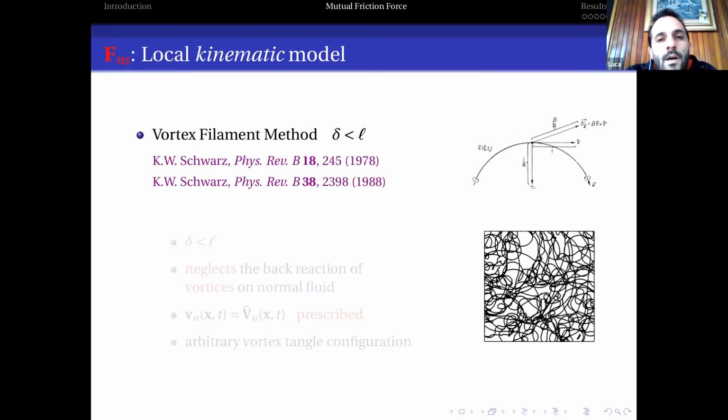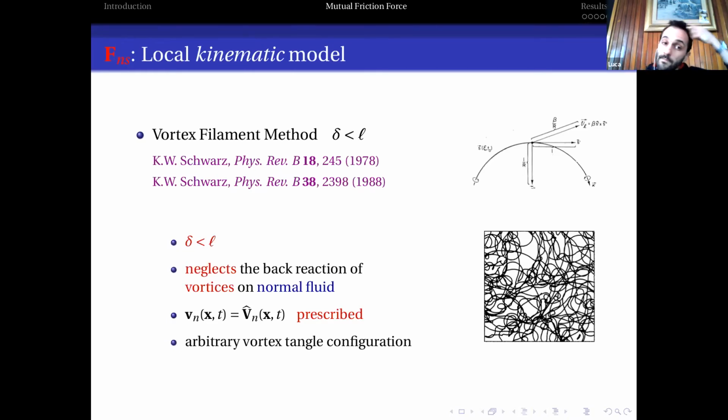Here the relevant length scales of the flow which are investigated are the length scales delta, which is used to discretize the vortex filament into a number of vortex points. There are important assumptions behind this vortex filament method, by downscaling the approach by Hall and Vinen.